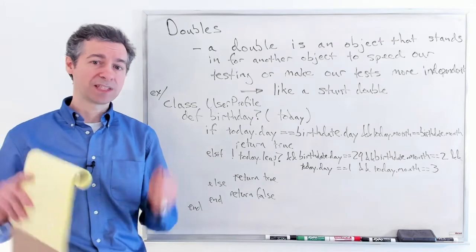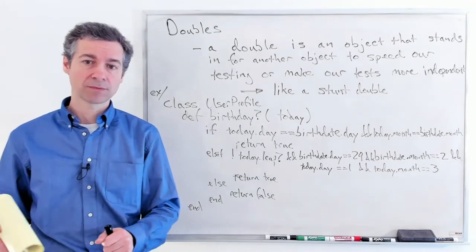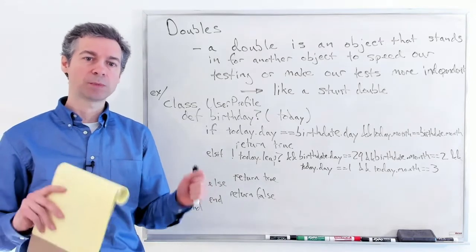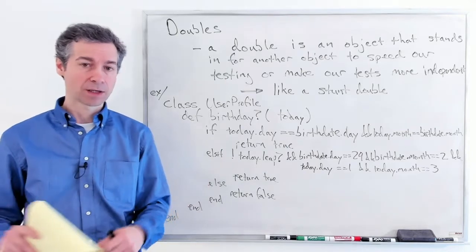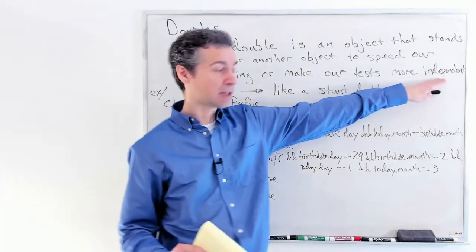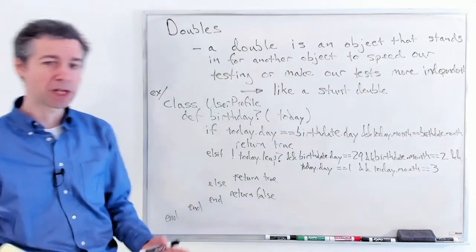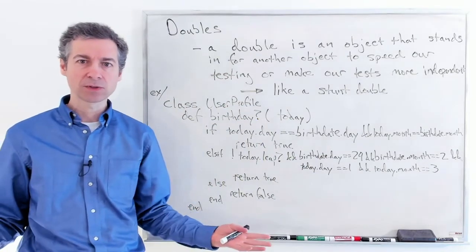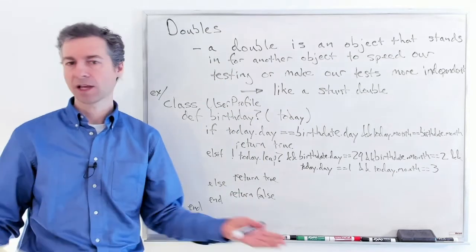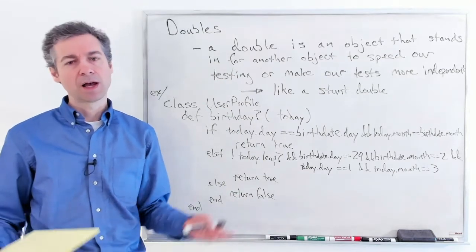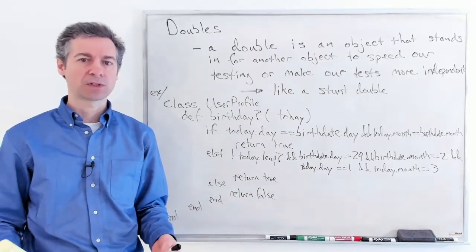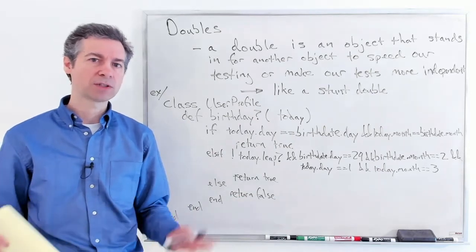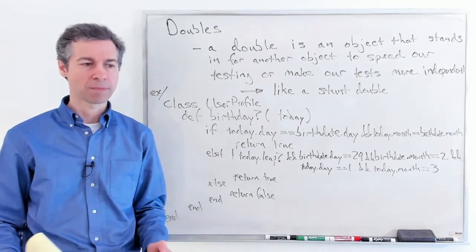If you're having difficulty testing something, and having a double will make testing easier, by making things more independent, that's a more fundamental thing. If it's going to make it easier for you to test something, that's absolutely a great use case. I would not be focused on optimization and speeding up your testing.